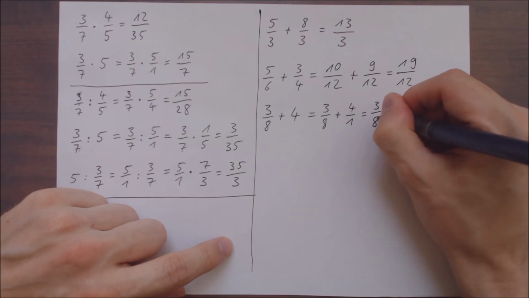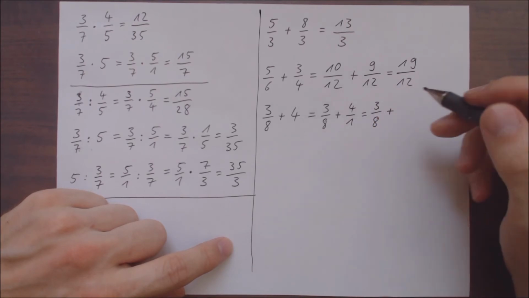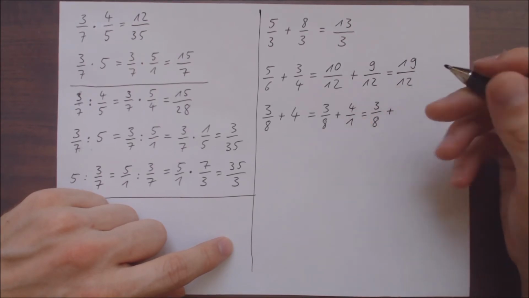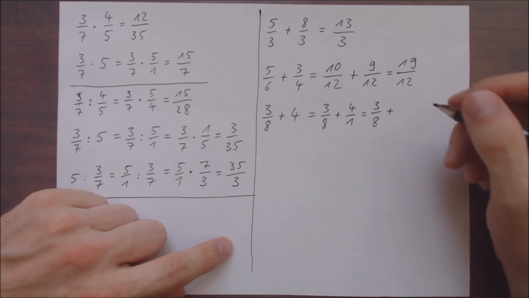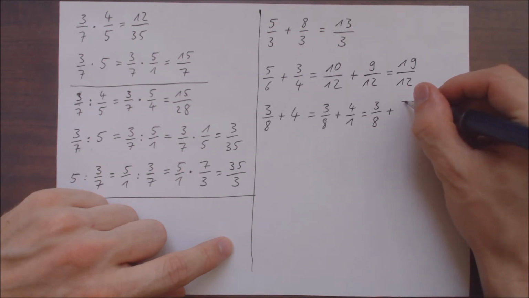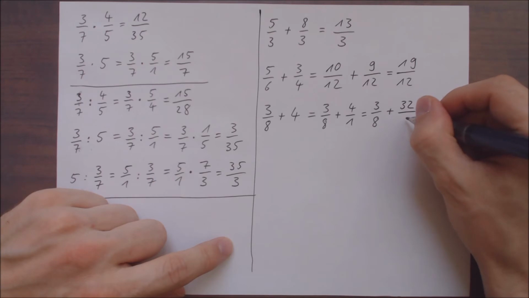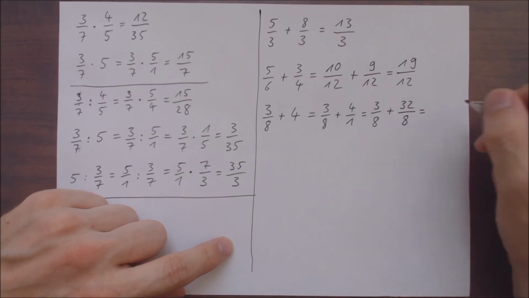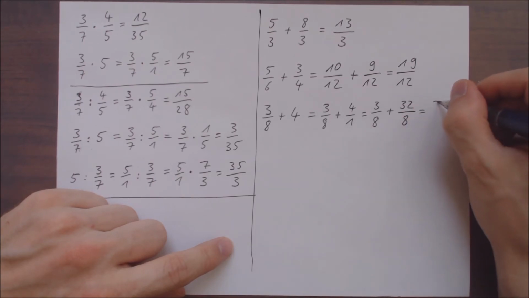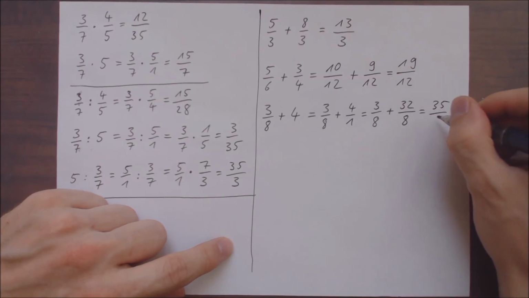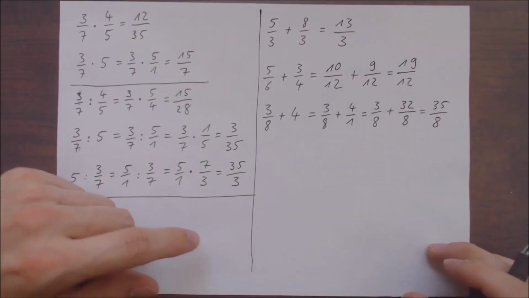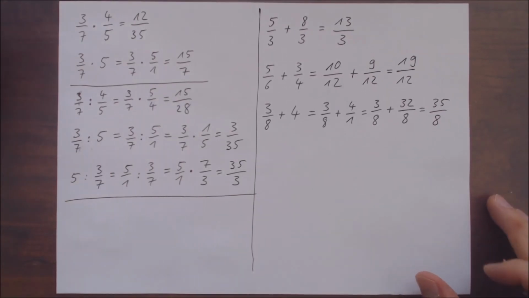The first fraction we keep as it is, and the second fraction we multiply both top and bottom number by 8, and that is then 32/8, and then again we add, which is 35, and the denominator we keep, 35/8.